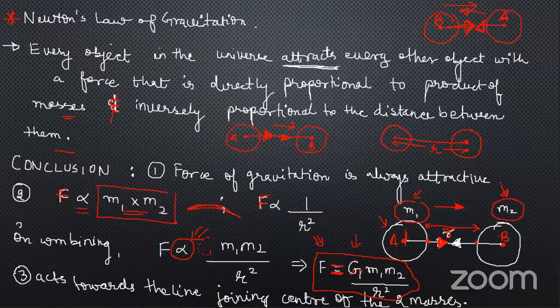Similarly, gravitation force exists between two objects because of the masses that they possess. Electrostatic force and magnetic force can be repulsive as well as attractive depending upon the situation, whereas gravitation force is always attractive. Got it, guys? This is a very small point, but I just wanted to recall. Yes, ma'am.